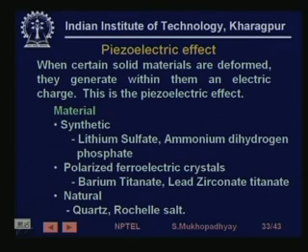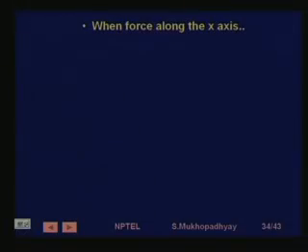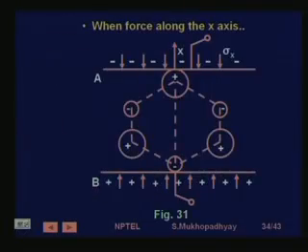As we will see in the next figure, suppose you have the crystal cut in this shape, and we are only showing one dimension. There is basically a crystallization structure. When you put force on it, that crystallization structure becomes deformed.